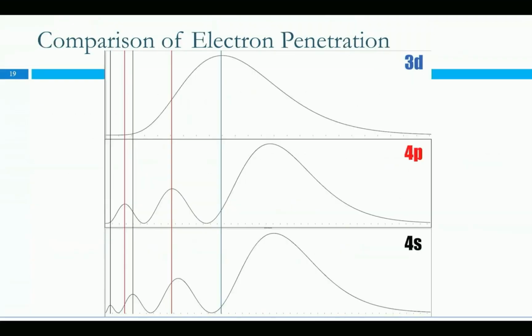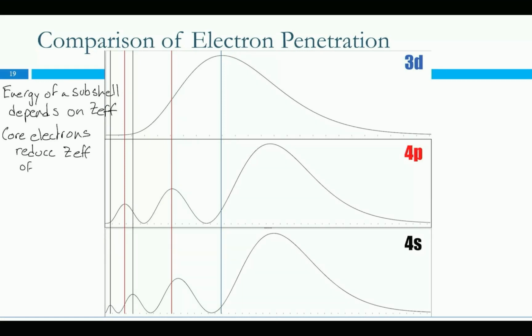So to sum this up, the energy of a sublevel or subshell depends on Z effective. So the energy of a sublevel depends on effective nuclear charge. Core electrons reduce the effective nuclear charge of outer electrons.